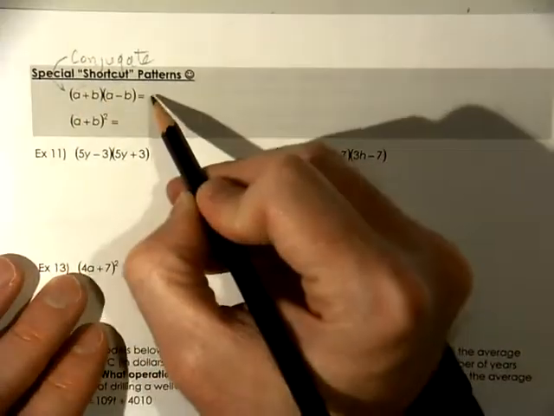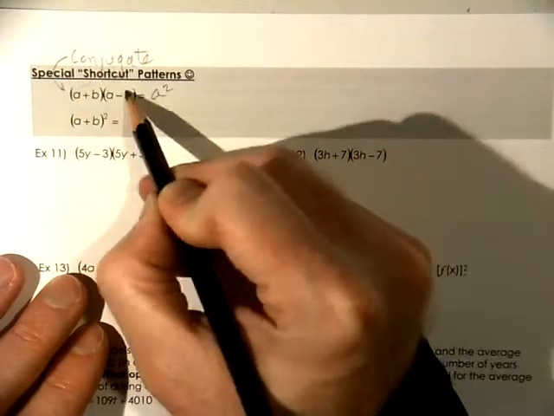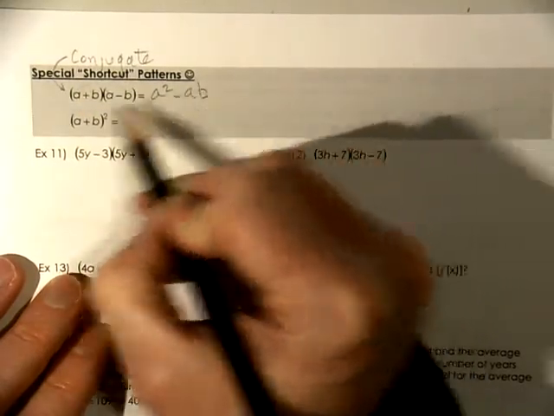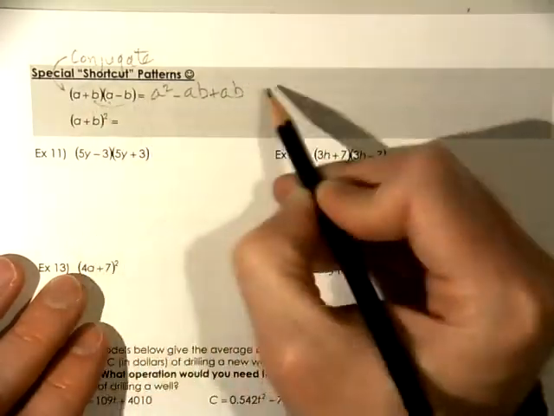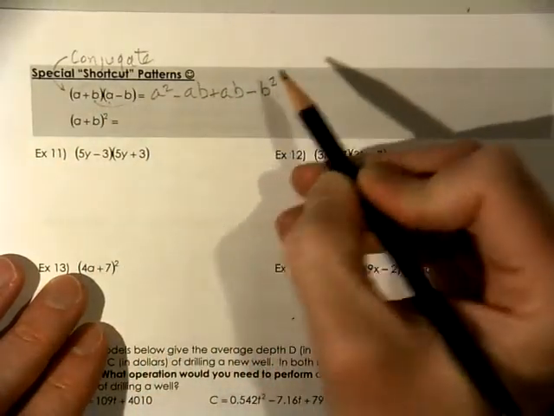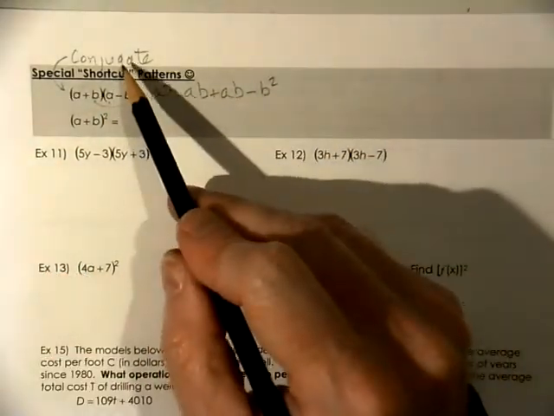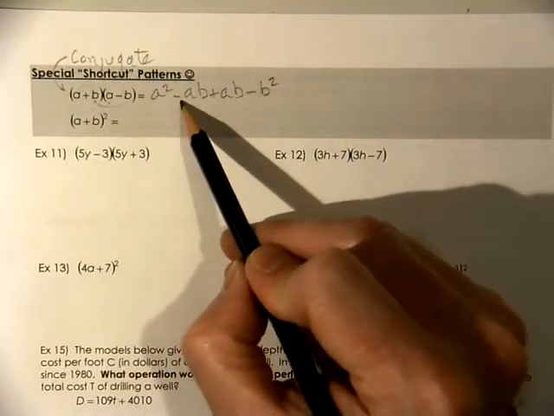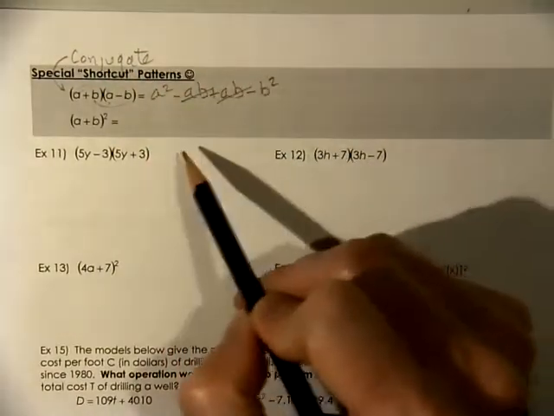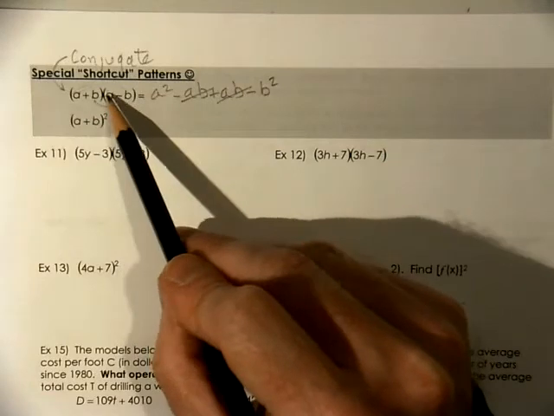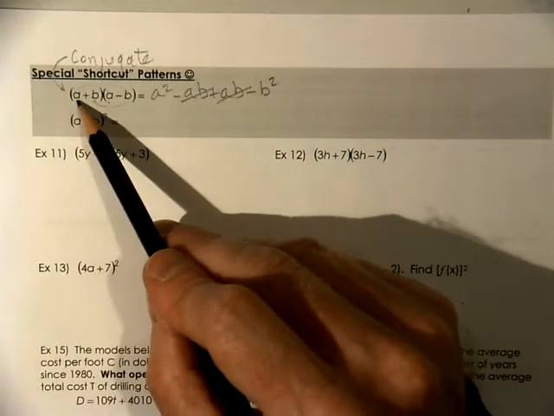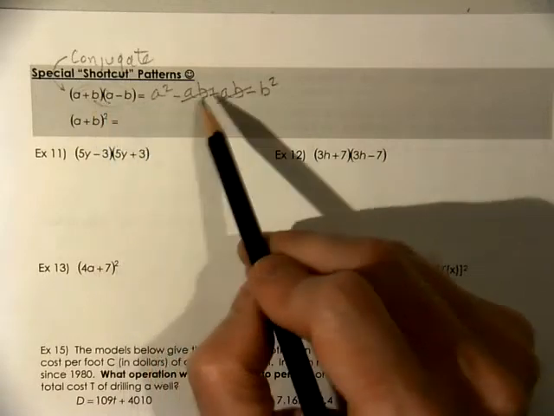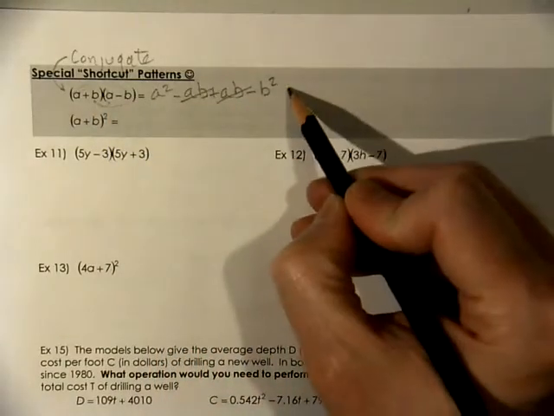So if you were to FOIL this, you'd get a squared minus ab plus ab minus b squared. Notice what conjugates always do. The middle term crosses out because it's a positive and a negative, and when you multiply through, you get ab and ab, which disappear.